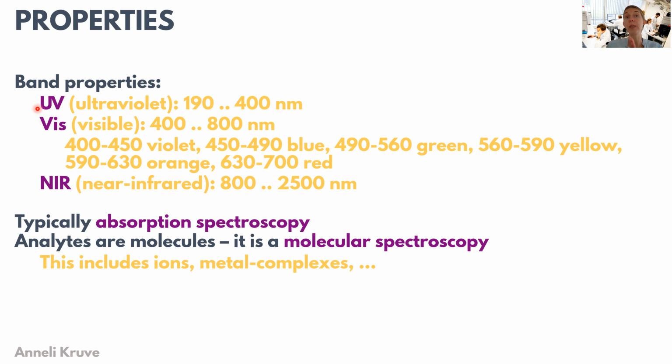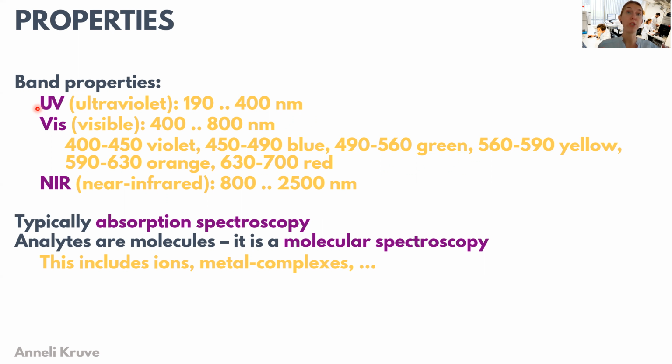Even more energetic is ultraviolet light below 190, but with this we do not deal, because this is called vacuum UV, and this comes from the fact that air molecules start absorbing light below 190 nanometers.